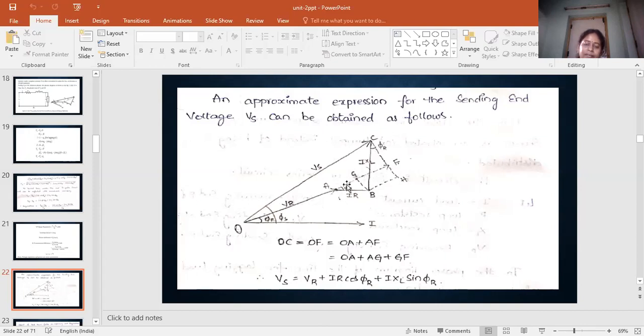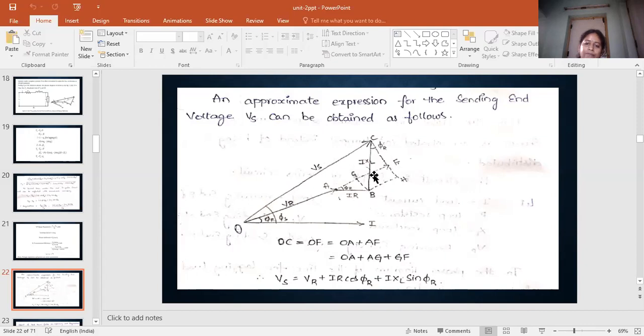Here AG plus GF plus OA is nothing but OC. OC equal to OF.